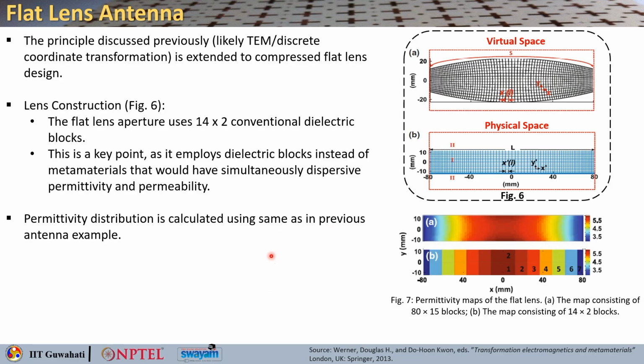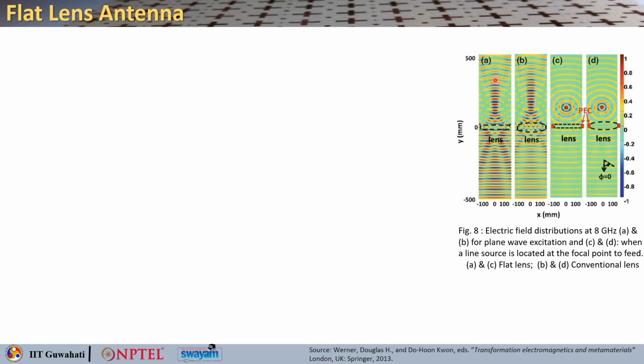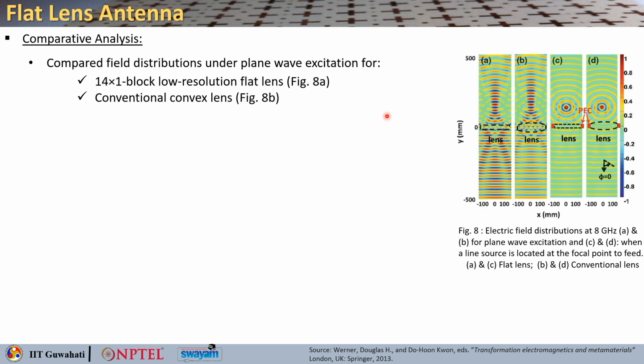The way to calculate the permittivity distribution can be followed from what you have seen in the previous example. The permittivity distribution you can see over here gives this kind of physical space, and this will work as this convex lens. Now, you have to compare the performance of this flat lens antenna that you have just designed.